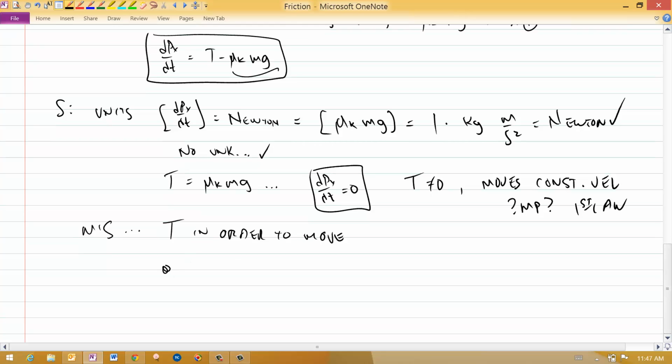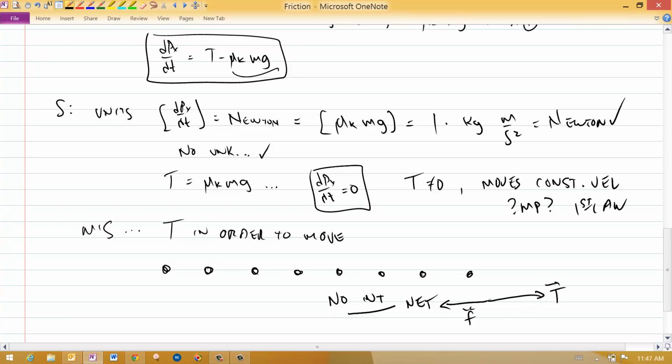So if an object is moving at a constant velocity, the momentum principle tells me there's no net interaction. Well, I've got my tension T and the friction force backwards. When those things cancel, then you can move an object at a constant velocity.